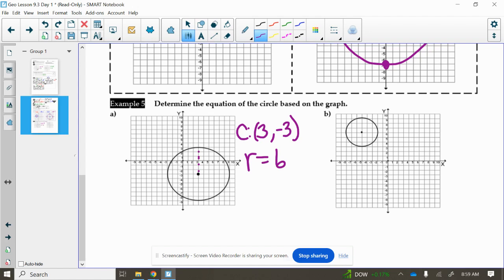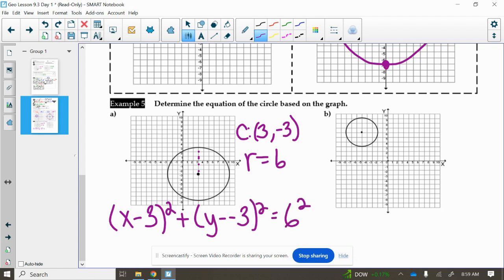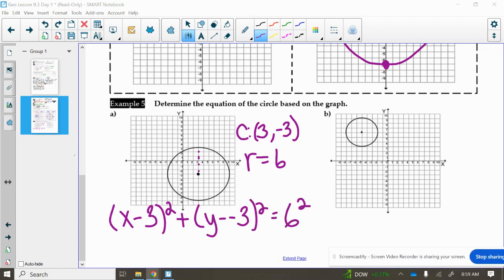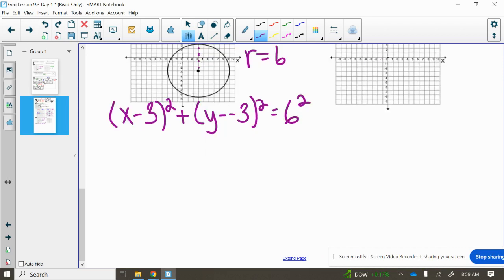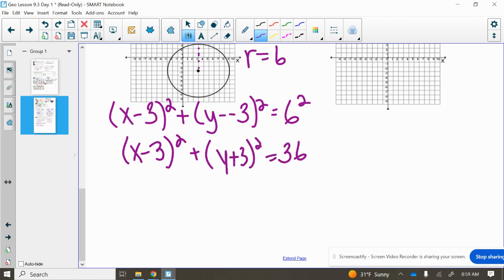And then from there, we are plugging in x minus our h value, quantity squared, plus y minus our k value, quantity squared, equals that radius value squared. So always make sure you simplify. This first part doesn't need to be, but minus a negative turns into addition. And we get our final equation.